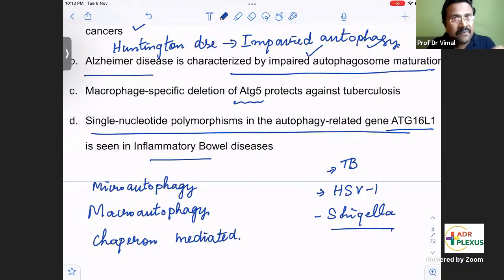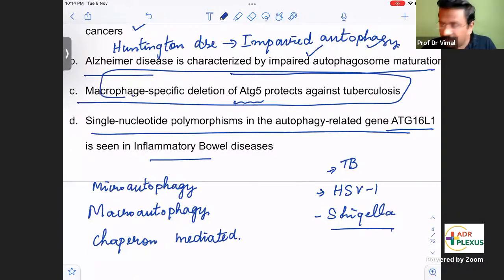So what will happen when there is a deletion of this gene? The patients will be susceptible to infections by tuberculosis, Shigella, and HSV1, because these infections will not be eliminated. So it does not protect against tuberculosis. Actually, they are susceptible to tuberculosis. So this is the option which we have to choose.